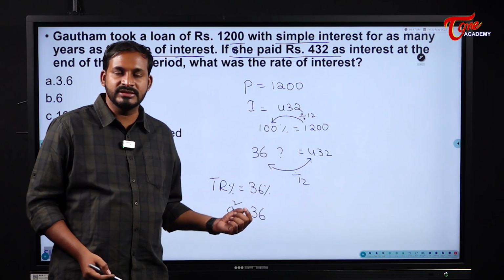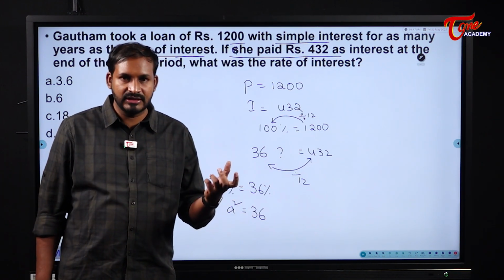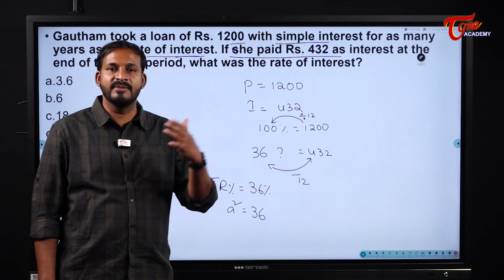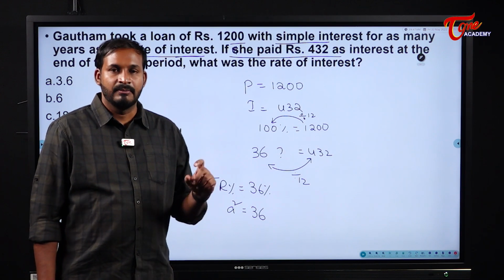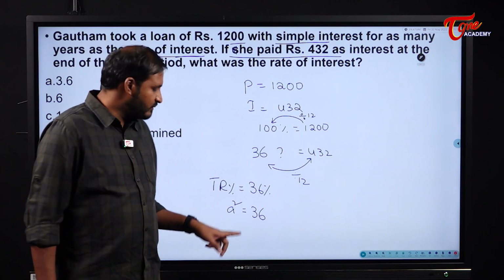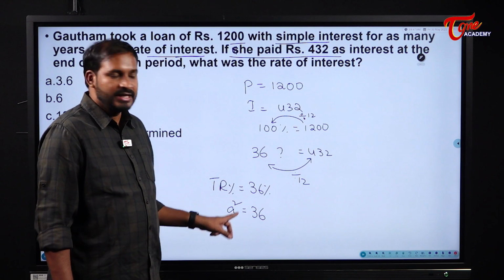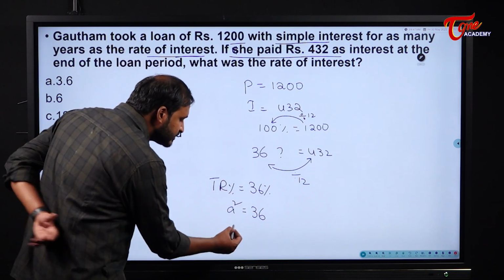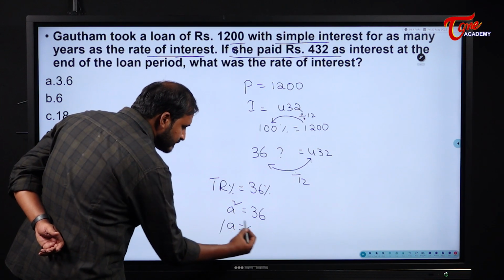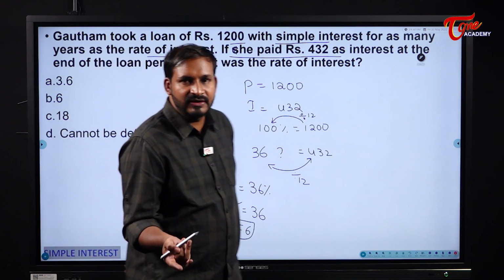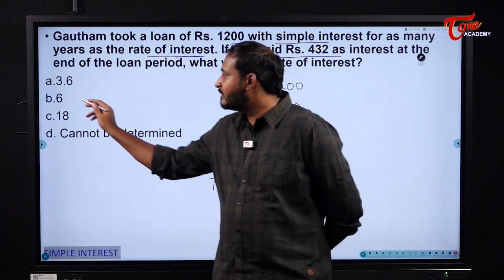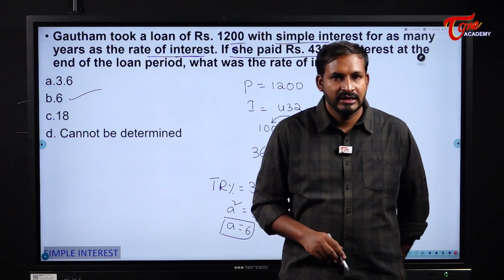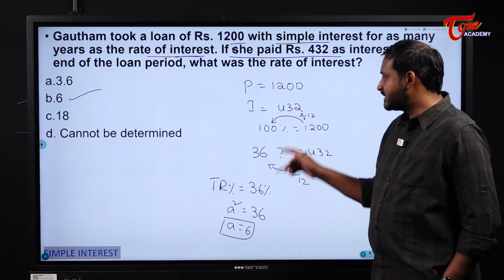Because the physical quantities are not equal. Time period and rate of interest have different units, but their numerical values are equal. That is the reason I have taken it as A. A square is equal to 36, so A is 6. The rate of interest will be 6% per annum and the time period will be 6 years. So what will be our answer here? 6. Understood, students? 6 will be our answer.